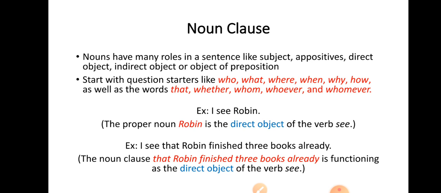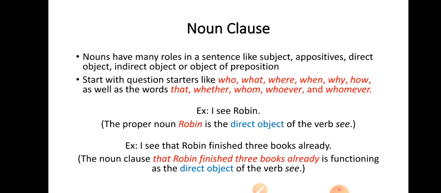Example, we can see, I see Robin. Here the word Robin is a noun, and I is a pronoun form. I is the subject of the sentence, see is the verb, Robin is the object, right?